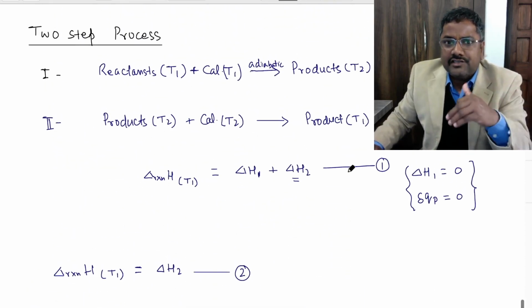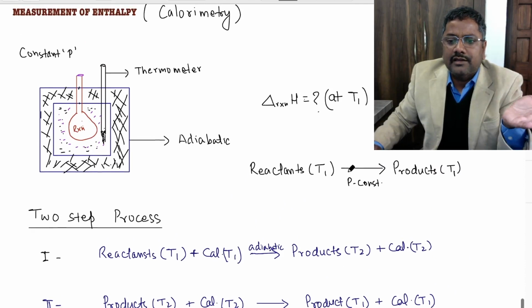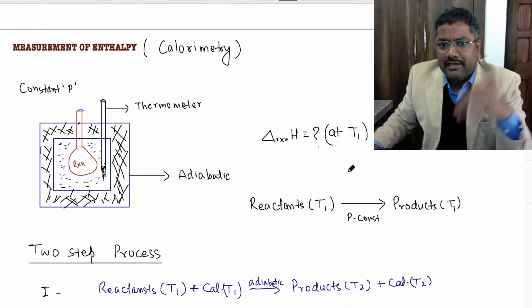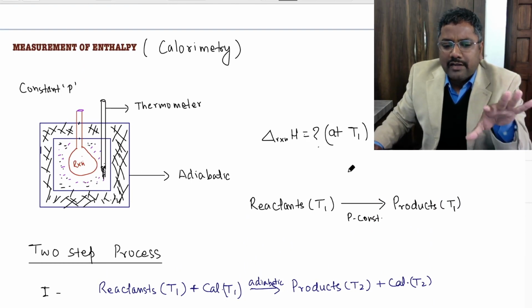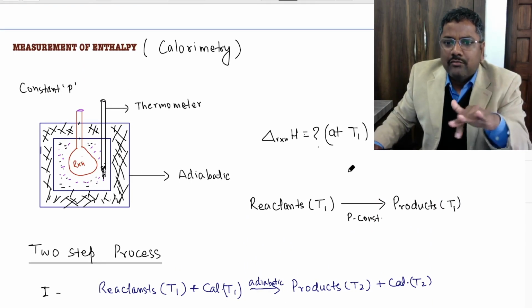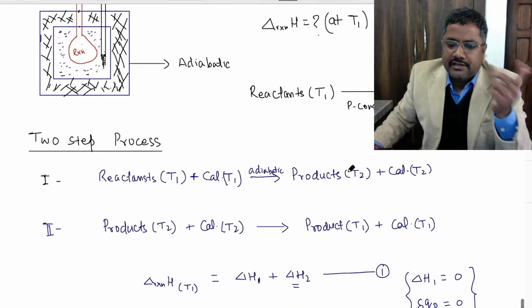And if a gaseous reaction is involved, then you can calculate delta E; the same method we are using, right? That is called a bomb calorimeter, and this is called an open calorimeter, in which we are measuring this, because here the pressure is constant, there the volume is constant.